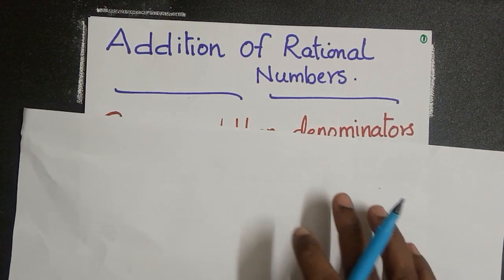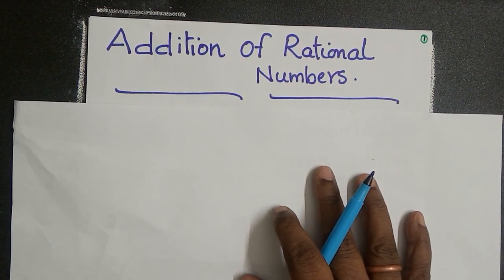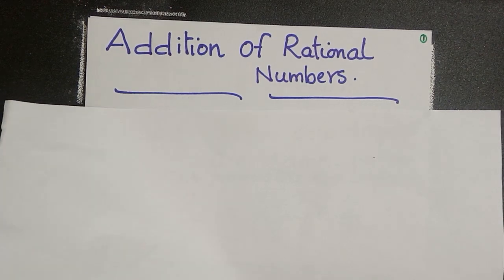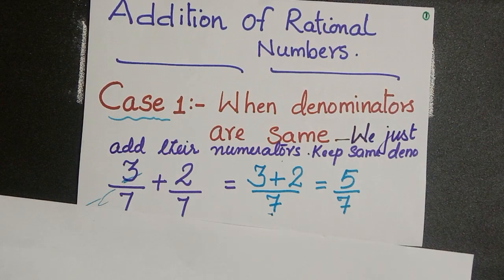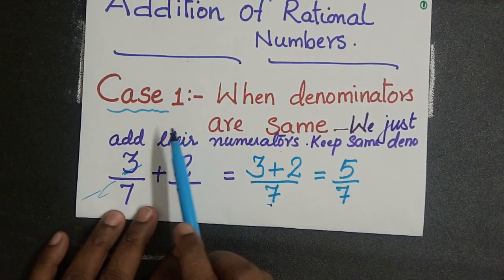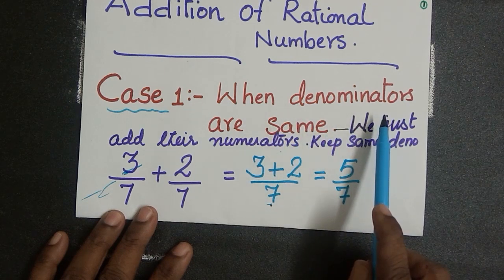In addition of rational numbers, we will discuss different cases like we did in comparisons. So the first case is when we add rational numbers with the same denominators.